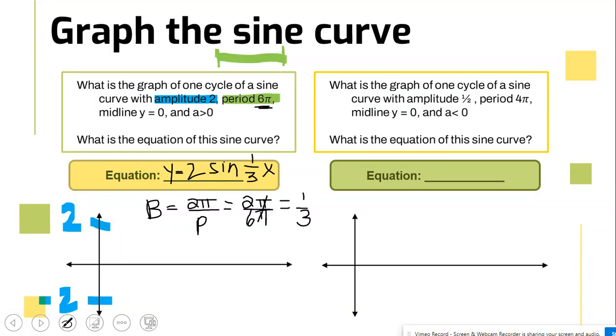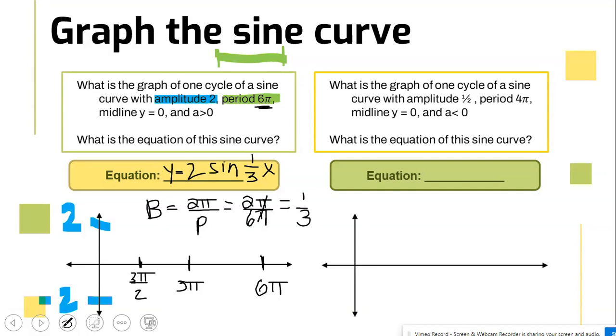Boom. Fantastic. Now, if we're actually going to graph this, remember our period said it was 6 pi, so that is the furthest right x value. We need 4 equal pieces. 6 pi cut in half, that's 3 pi. 3 pi cut in half, I'm just going to say 3 pi over 2.